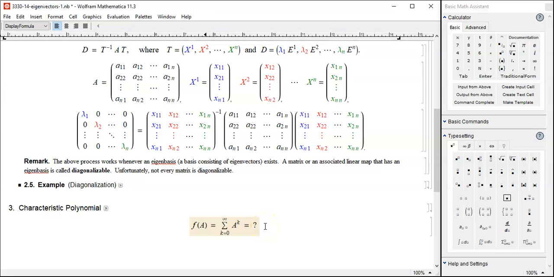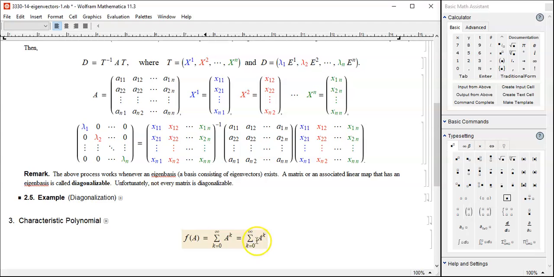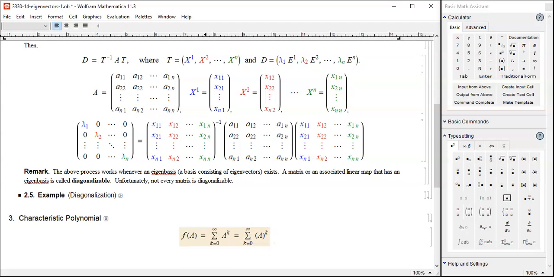It can handle approximation, of course, but even so, it's not really efficient. So how do we handle this? A good way to handle this is doing this. Instead of A, D is equal to T inverse AT.